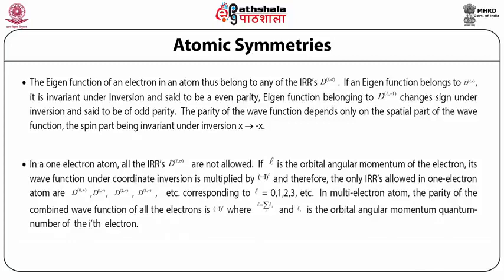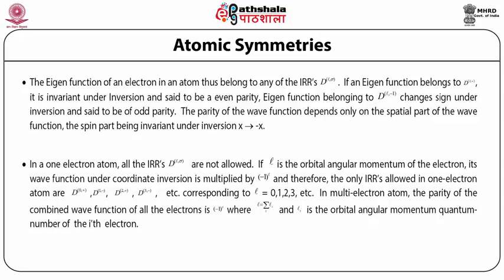Now, in a one electron atom, all the irreducible representations D_L sigma are not allowed. If L is the orbital angular momentum of the electron, its wave function under coordinate inversion is multiplied by minus 1 to the power L. I guess you are already familiar with this.